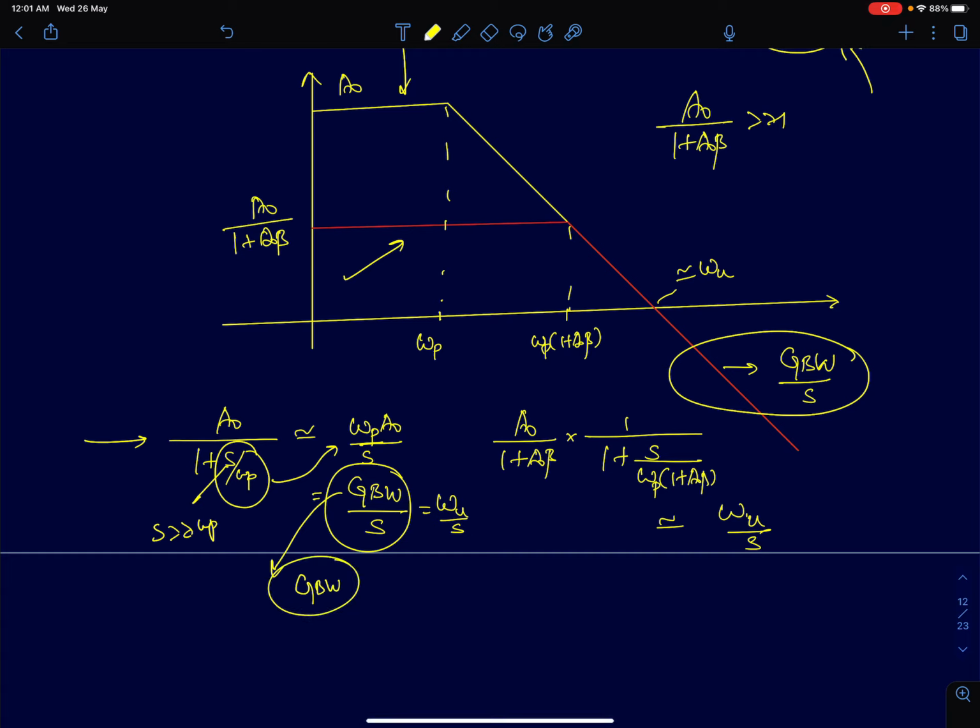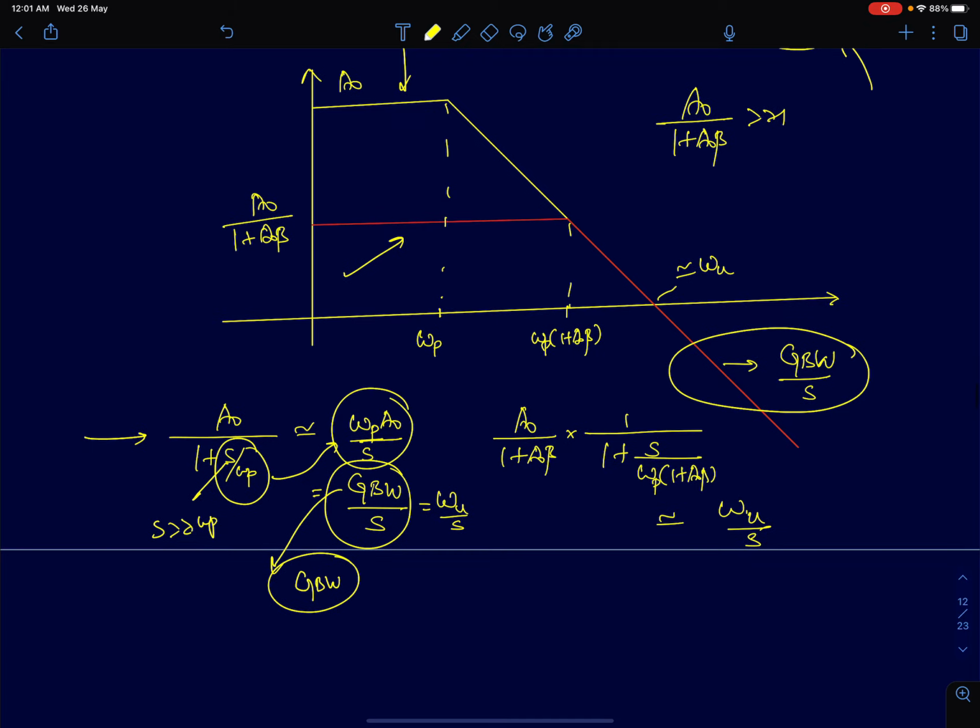Now, if A0 is much greater than 1, the product GBW also happens to be the frequency at which the gain becomes equal to 1. If A0 is much greater than 1 and you are at a frequency much greater than omega p, we can approximate the transfer function to omega p A0 by S. If I equate this to 1, I get the value of S or omega.